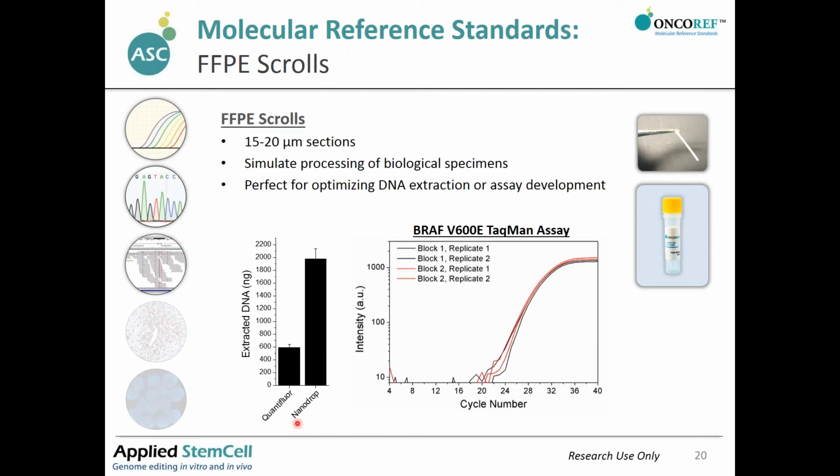But the problem with this approach is that it's based on absorbance. So any background material or impurity in your sample that has an absorbance in the UV wavelengths can interfere with quantification using that method. Whereas the QuantiFluor method is based on double-stranded DNA, and so it's very specific to DNA detection. We recommend using the QuantiFluor or some sort of DNA-specific analytical method for quantifying DNA from these samples.